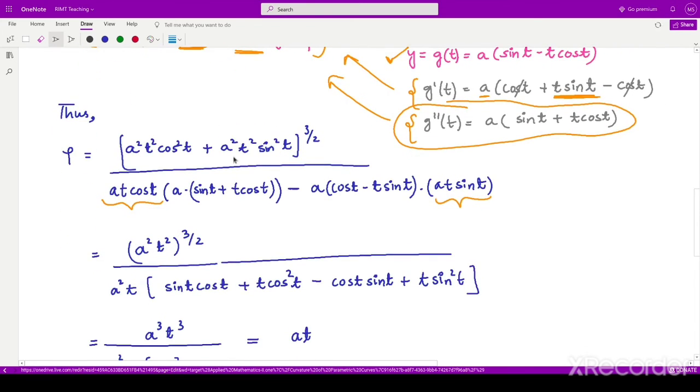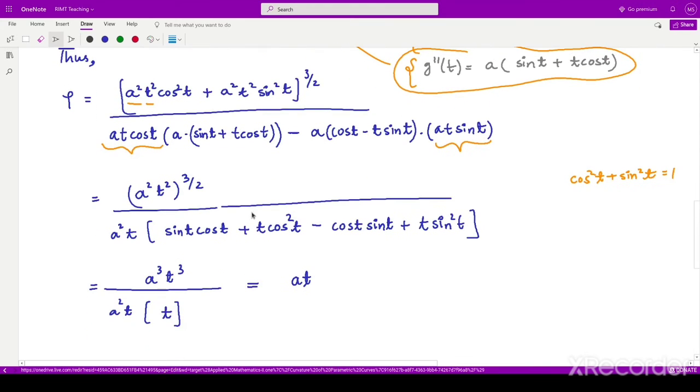Here you can take a square t square common, so you'll be left with cos square t plus sine square t, which is equal to 1. So this becomes a square t square whole raised to power 3 by 2. And then when you multiply this, you can take a square t common out of all the terms, so you will be left with these terms.